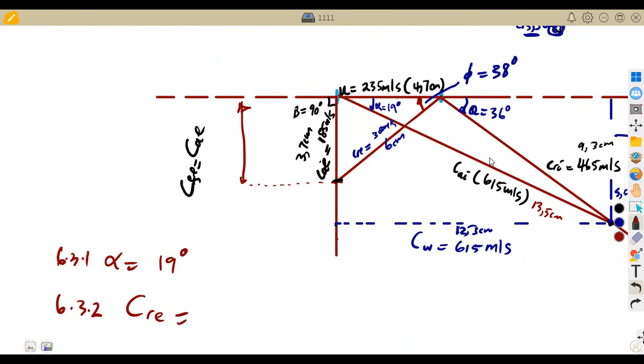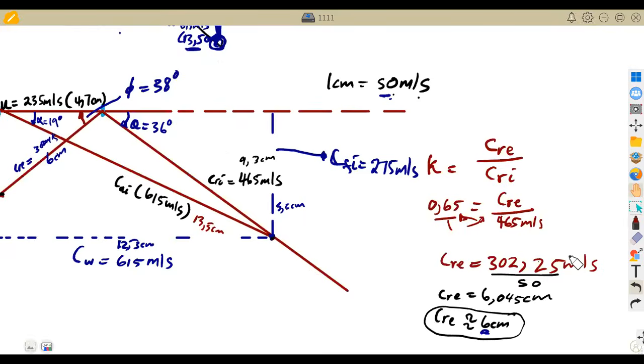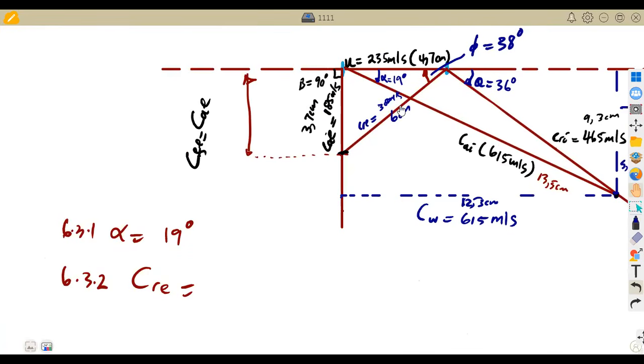So at the exit, we obtained here 302 meters per second, or you can take the one you constructed, 6 centimeters. On our diagram, 6 centimeters corresponds to 300 meters per second. If we multiply 6 times the scale of 50 meters per second, we obtain 300 meters per second. So you can use the one on the diagram as we are instructed to use the diagram. So it's going to be 300 meters per second.